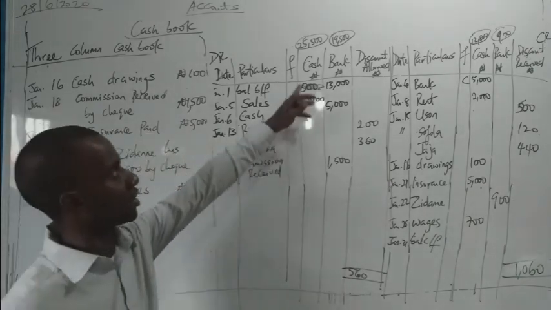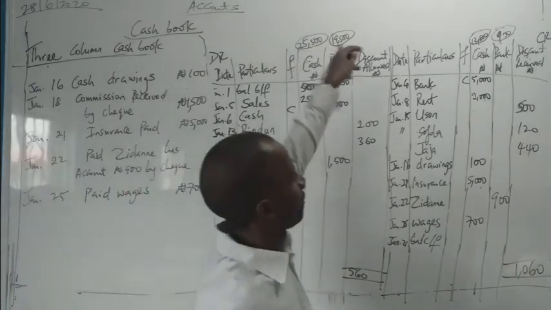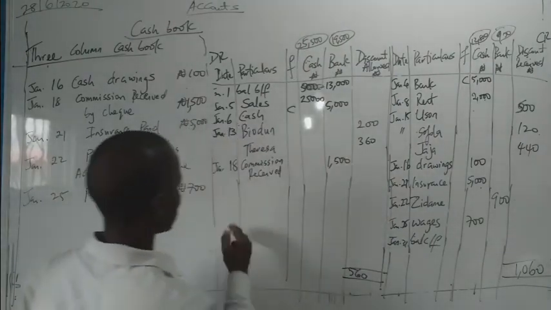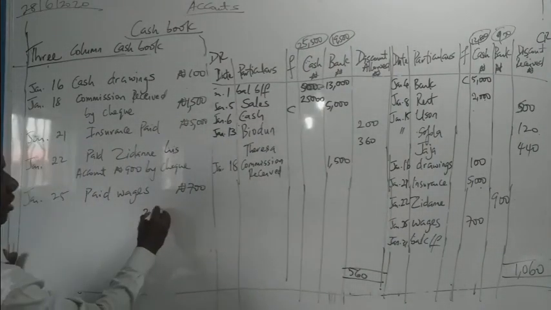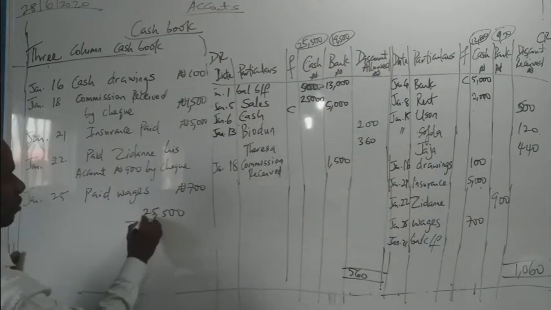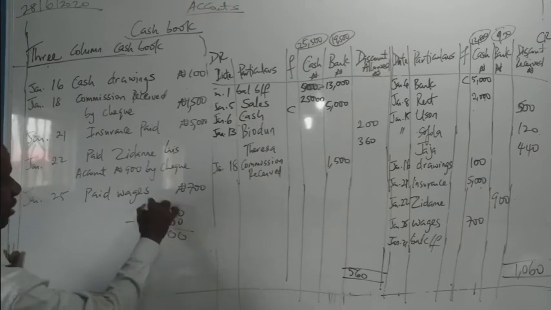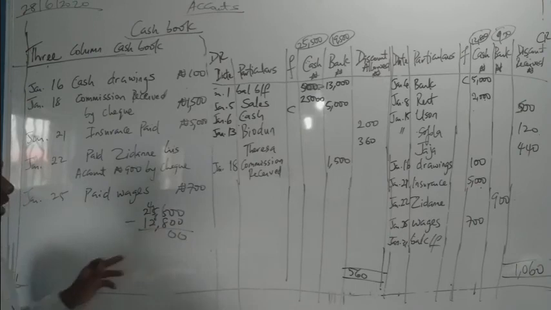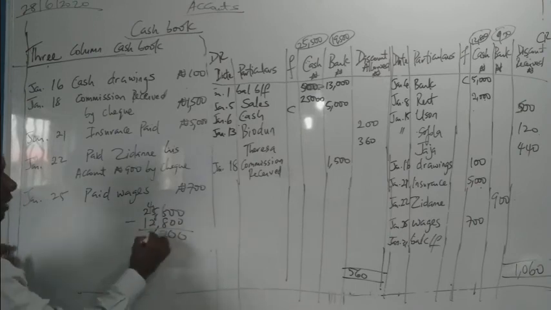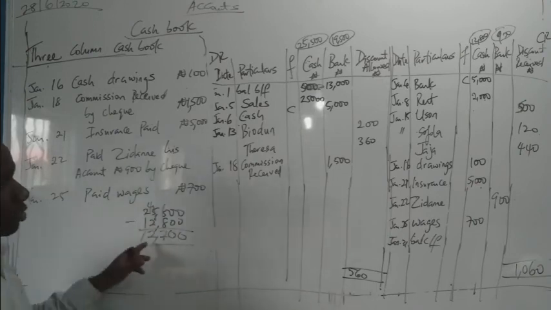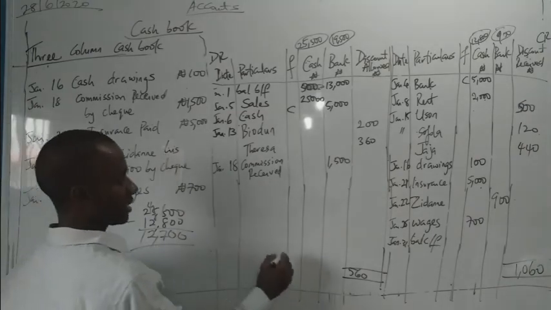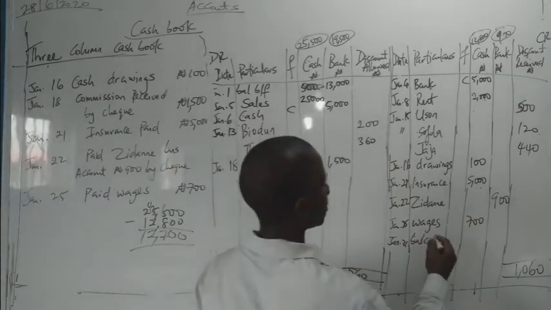Let's start with cash. Cash total was 25,500. Here was 12,800. So we can do a deduction here. 25,500 minus 12,800. 0, 0. Take one out. Put it here. 15 minus 8, 7. 4 minus this. So this is 12,700.